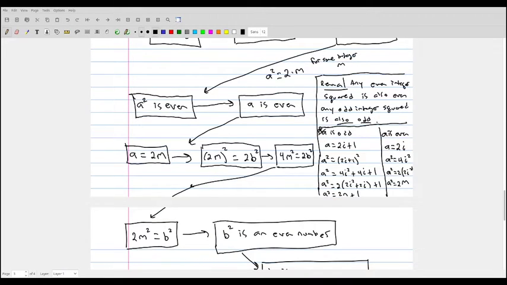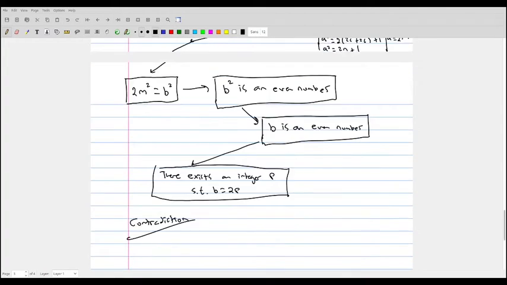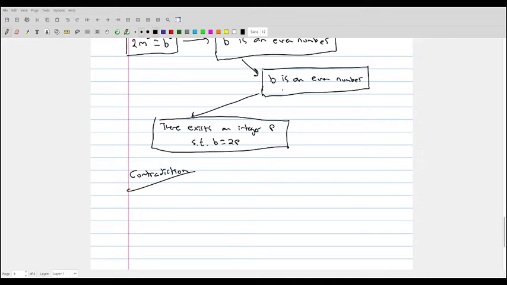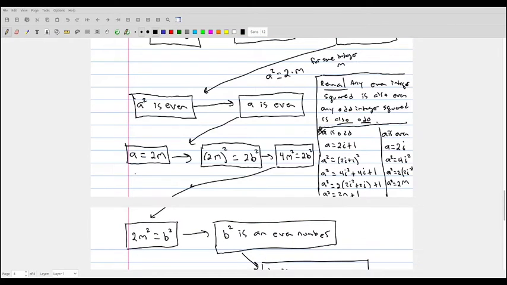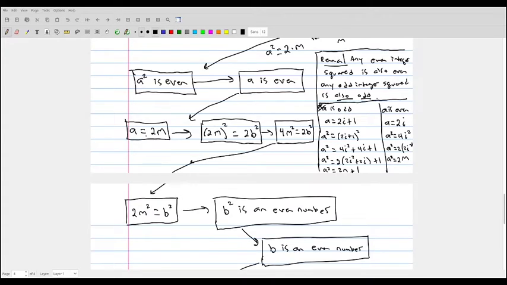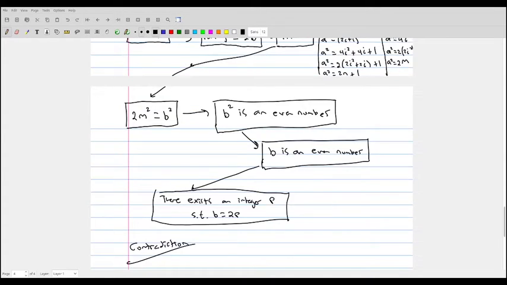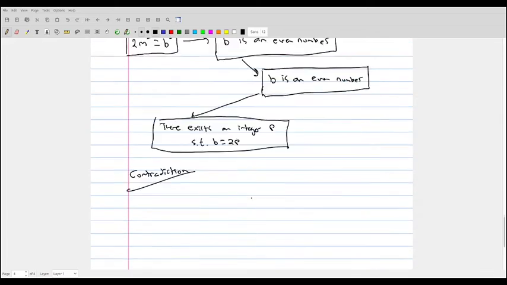But we've proven that if this assumption is true, then a must be even, and b must be even. So if a is even, then a is equal to 2 times m for some m, and b is equal to 2 times p for some p.